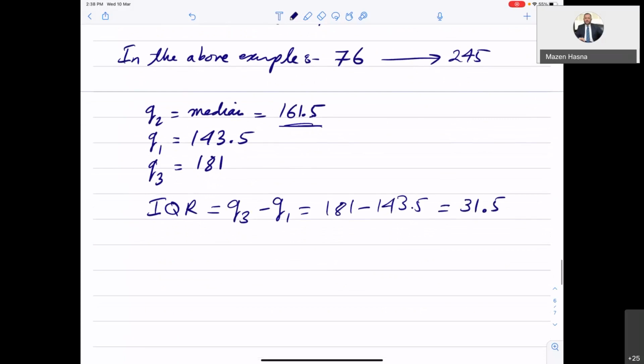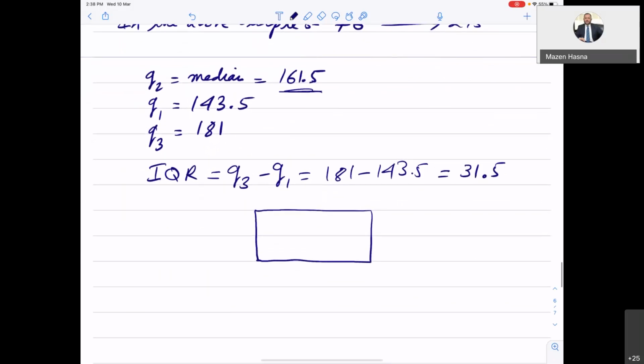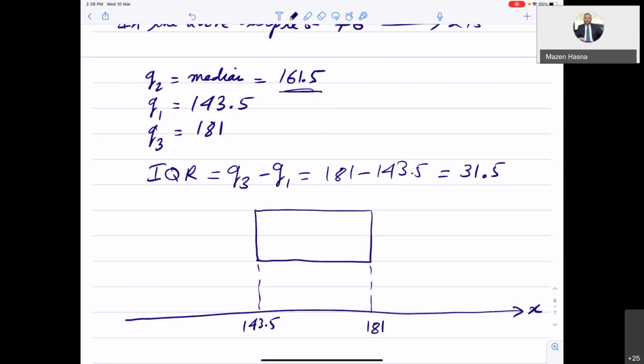When you want to plot the box plot for this example, you plot a box above the x-axis. The start will be at 143.5 and the end at 181, and your Q2 is 161.5.